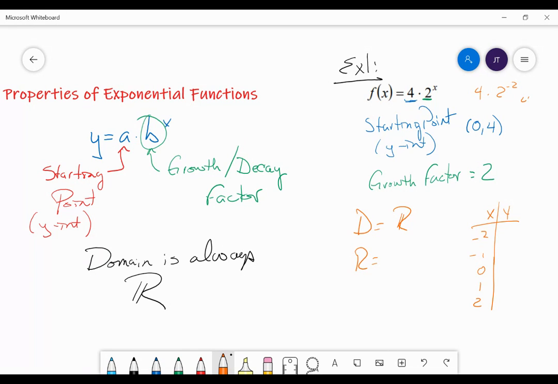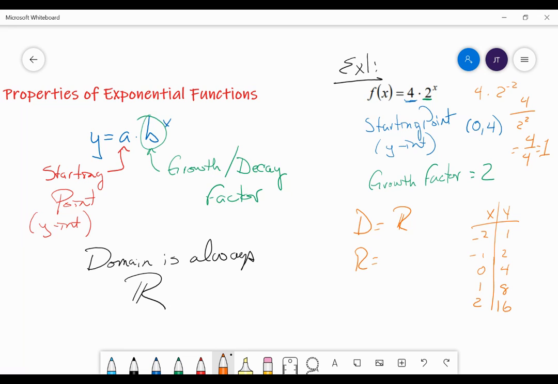So this becomes 4 over 2 squared, which is 4 over 4, which is 1. So that's a 1. Then to the -1 becomes a 2, and this is 4. And then you have 8, and then 16.